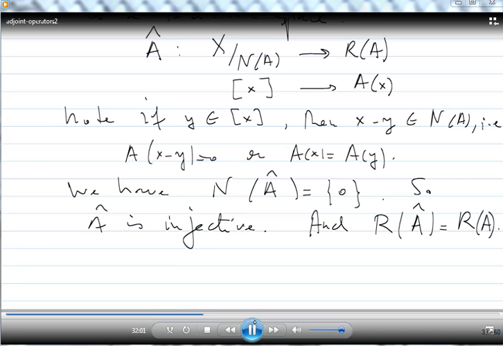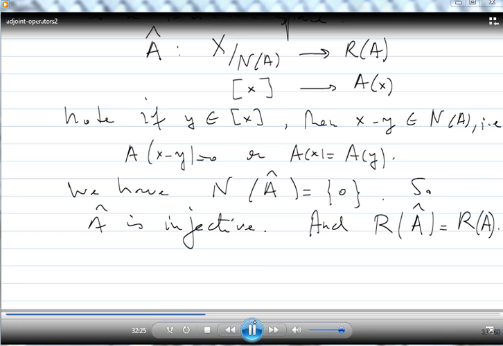And in fact, since everything is closed, R of A is closed, just a correction here, because we assumed it's closed. So R of A is closed, X quotient N of A is closed, R of A is closed in a Banach space Y, so it is a Banach space.